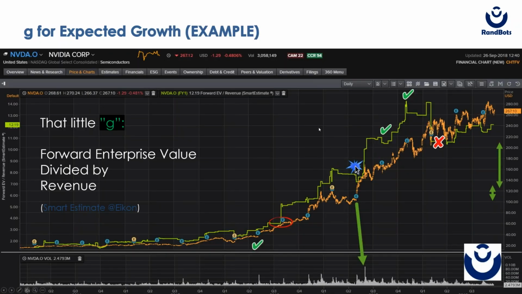Another one of the filters I use to measure what the market expects for growth is forward enterprise value divided by revenue. This greenish continuous line here, right? And I will explain how this little chart works. This is the trade on Nvidia. So in 2015 here, this was the trigger.